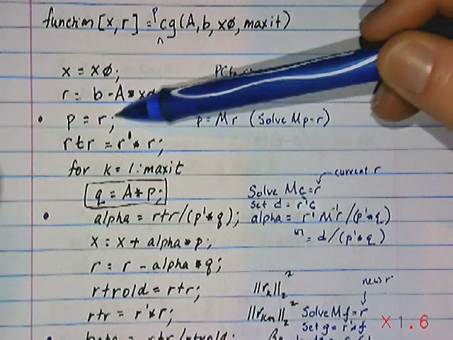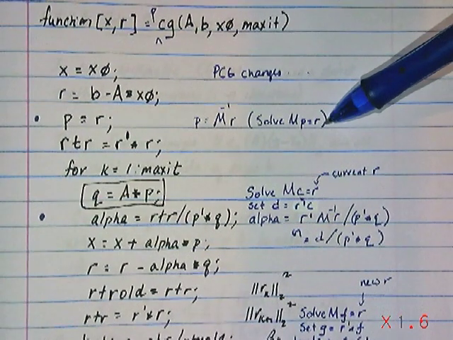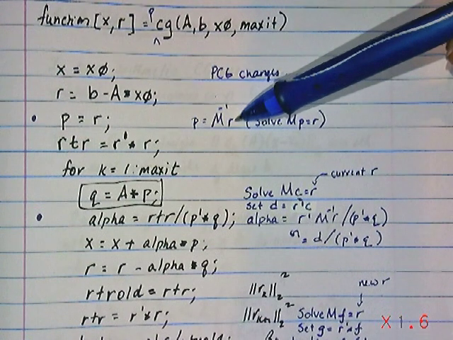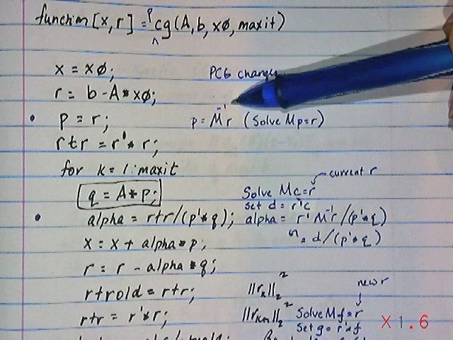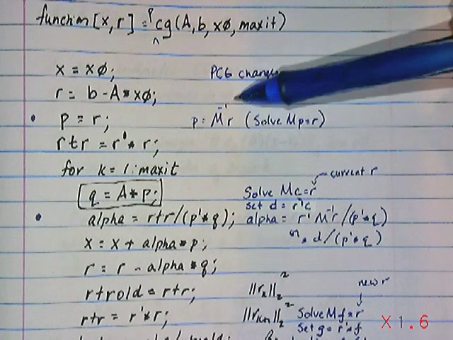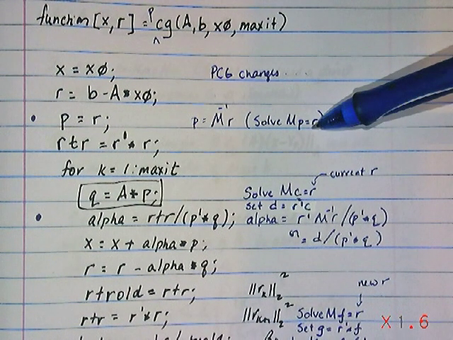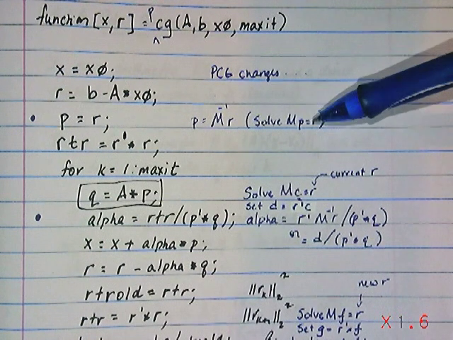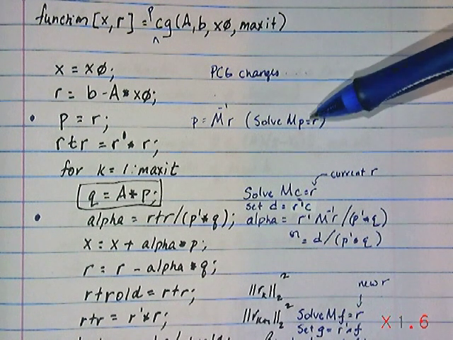For example, originally you would choose your first direction to be the residual. Now, because of the preconditioned system, P would be M inverse R, where M is the preconditioner. Again, you don't explicitly compute the inverse. You would solve this system. Maybe it's diagonal scaling, maybe it's a triangular solve, but again, it's very cheap.